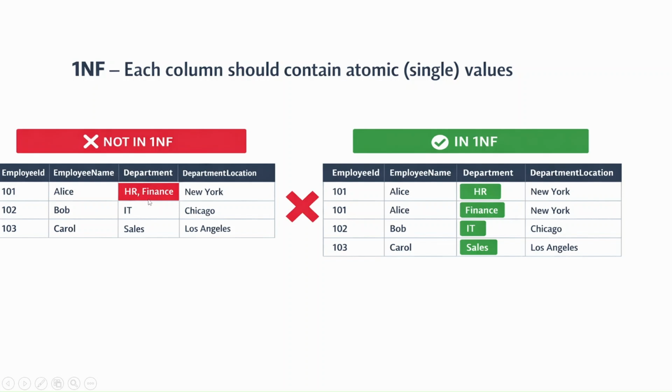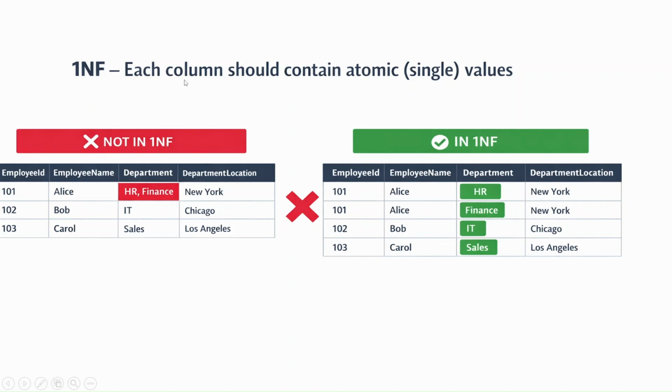But the problem we are highlighting is the department column, where we can see two department names separated by a comma, HR and Finance, which is wrong. If we do this, we are breaking the first normal form.